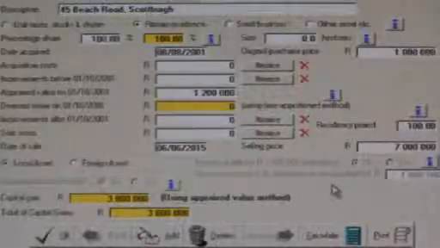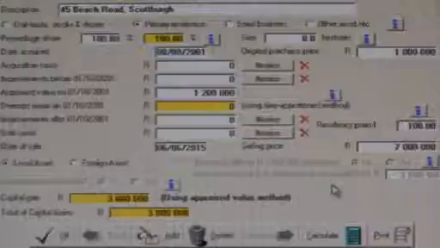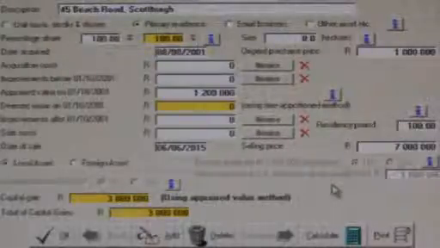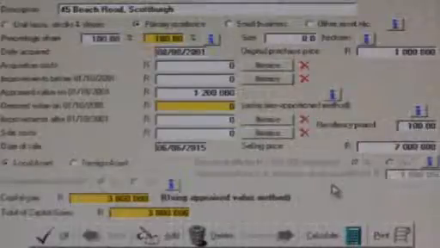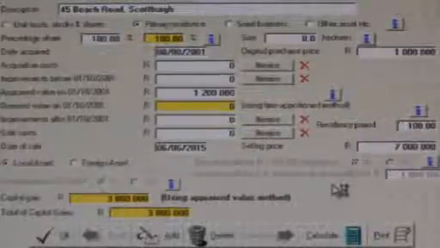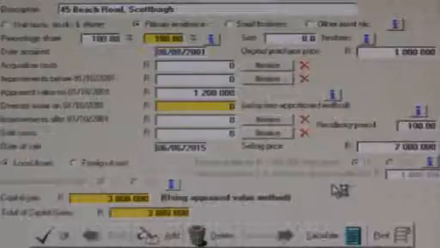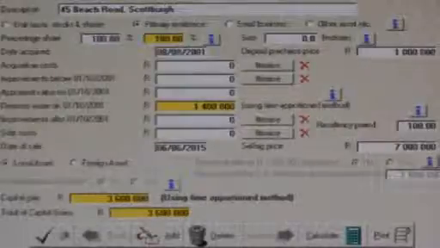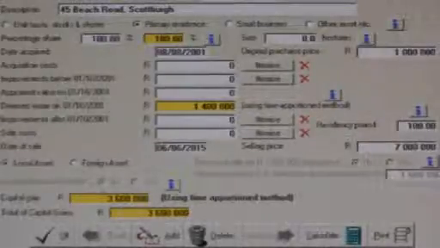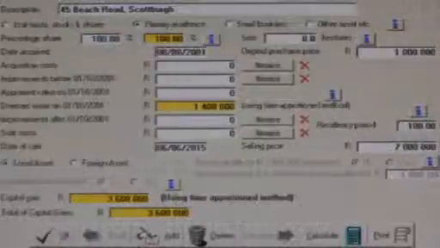This 1.2 million rand becomes our base cost, and so the profit of 5.8 million becomes 3.8 million after the 2 million rand primary residence exclusion. If we remove the valuation and use the tab method, we can see our gain amount changes as we now have a new time apportioned base cost.